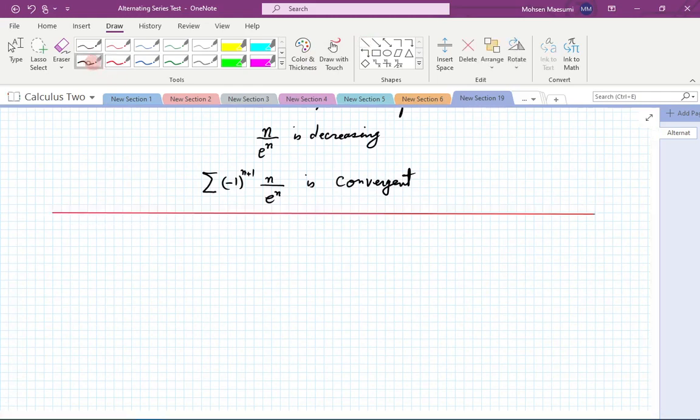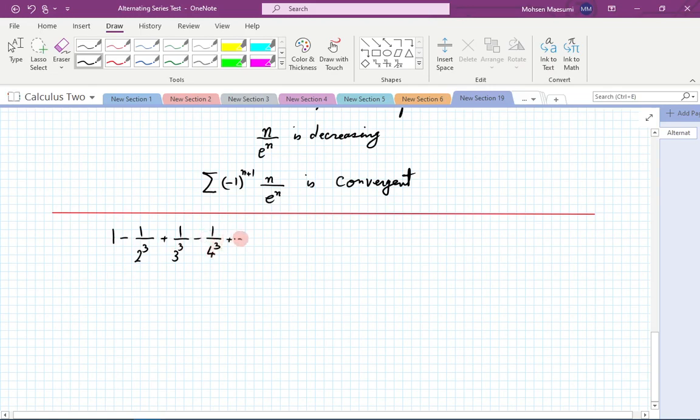Let's go look at something that is perhaps easy on the eye. So let's take a look at the following: 1 minus, say, 1 over 2 cubed plus 1 over 3 cubed minus 1 over 4 cubed, and so on.